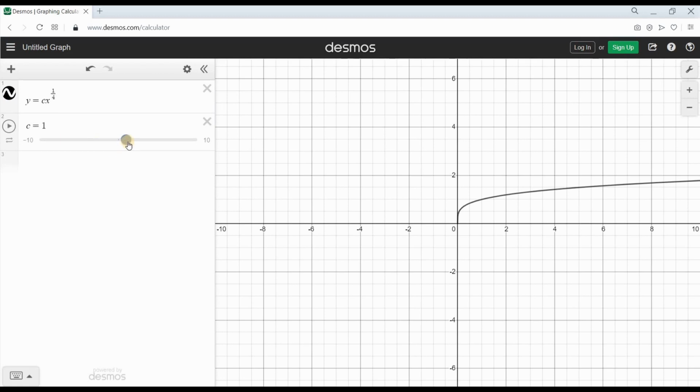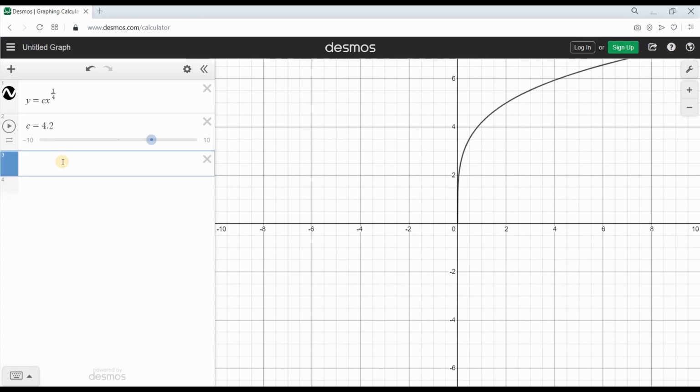So for c equal to 1, this is the streamline. You can change c and you can see that the streamline starts to change on the graph, right? So this is pretty handy if you want to know how the streamlines behave based on the constant c.